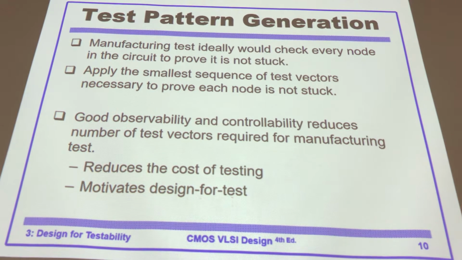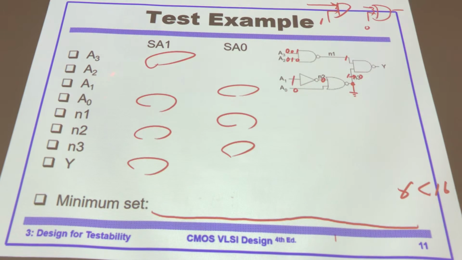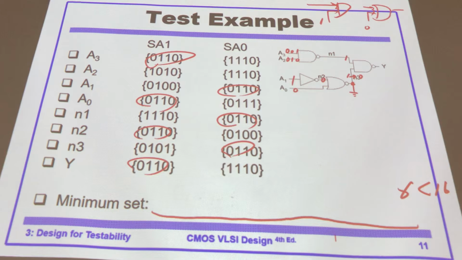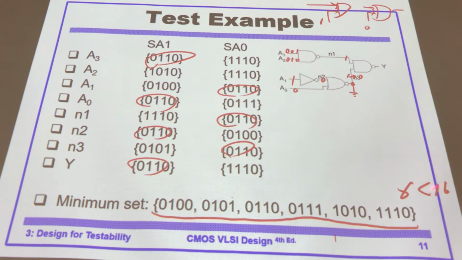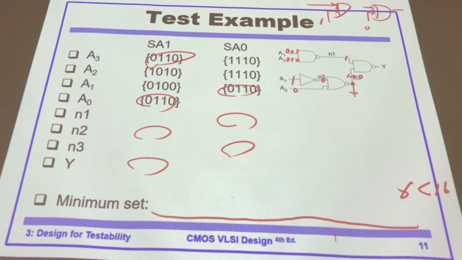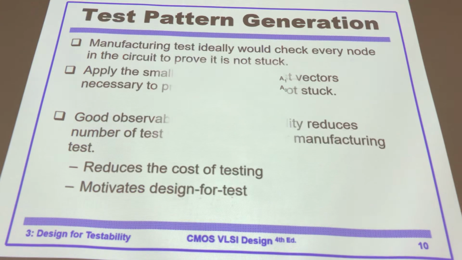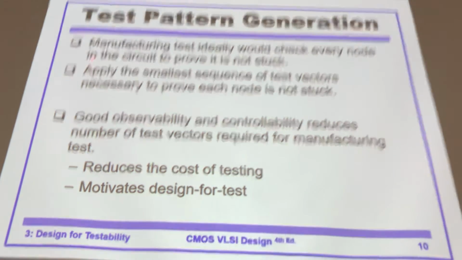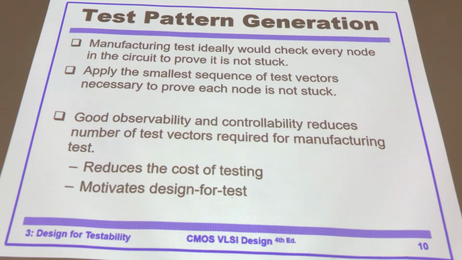So test pattern generation, this we take the test pattern. And this is a test pattern. So test pattern generation is important. Manufacturing test ideally will check every node in the circuit to prove it is not stuck at one or zero.